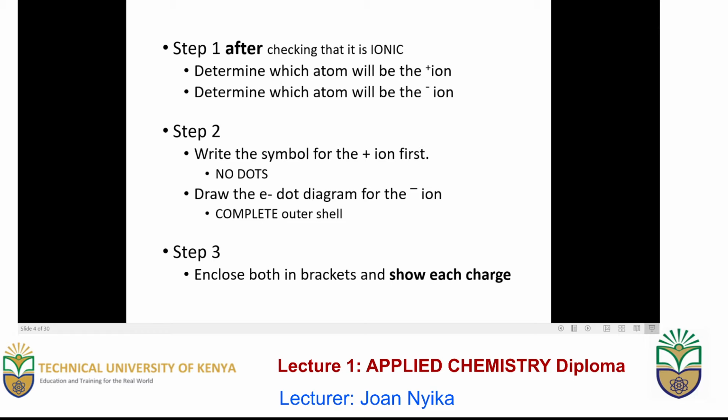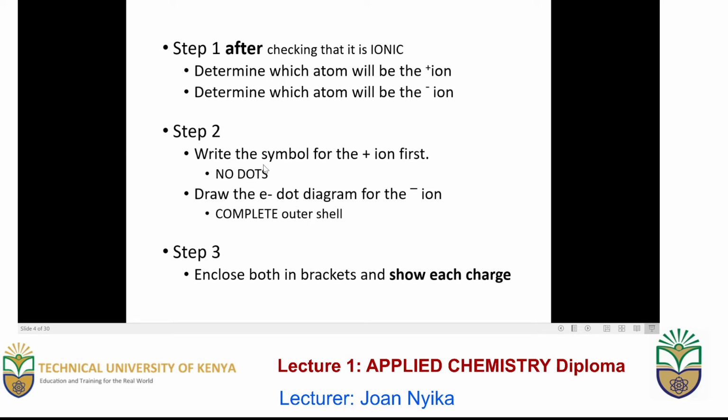You need to identify the position of the metal and the non-metal on the periodic table and understand the subsequent charge it has. For instance, sodium is in group 1 and has a positive charge of 1 in its ionic state. Chlorine, on the other hand, is in group 7, and in its ionic state, it has a negative charge of 1.